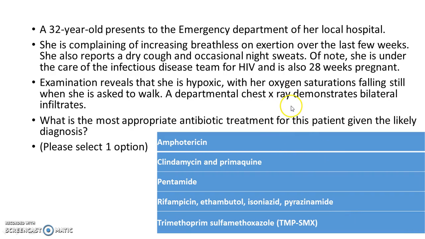Obviously this question is of a higher level, so probably not for undergraduates, but it's still useful to give you some idea as to how a patient would present to you once you start working.